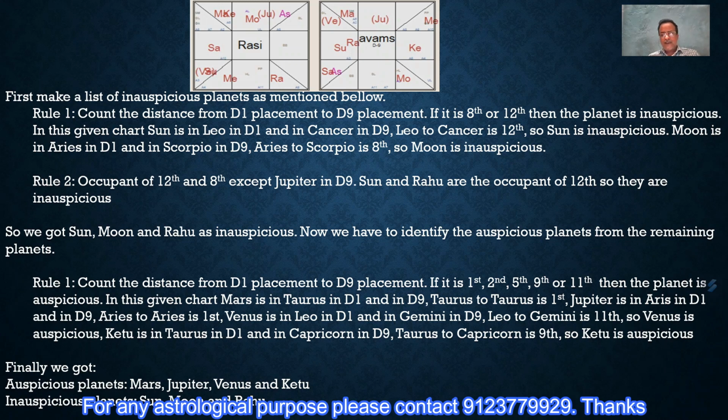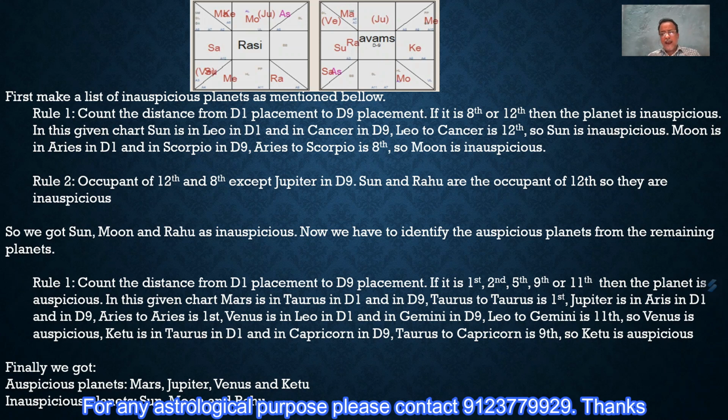In this given chart, look at the Mars. Mars is in Taurus in D1. Please follow my cursor. Mars is in Taurus in D1, and in Taurus in D9 also. Taurus to Taurus is first, so Mars is auspicious.